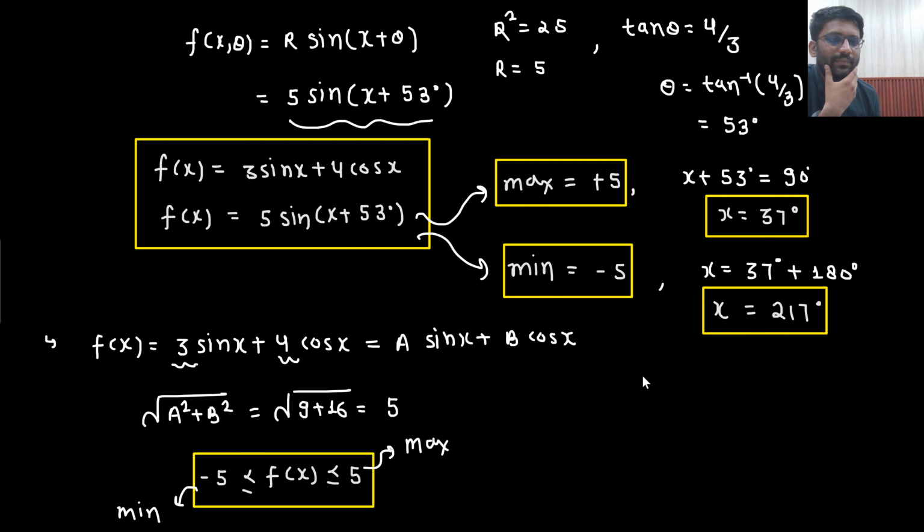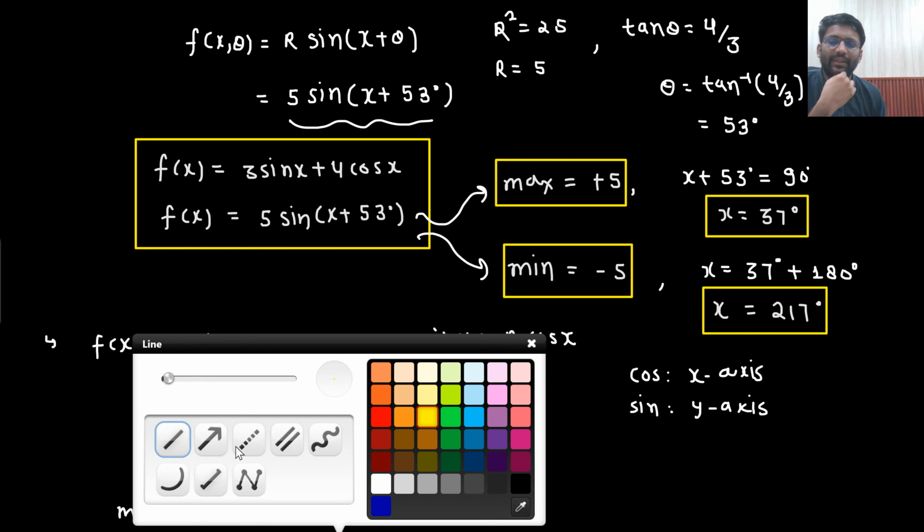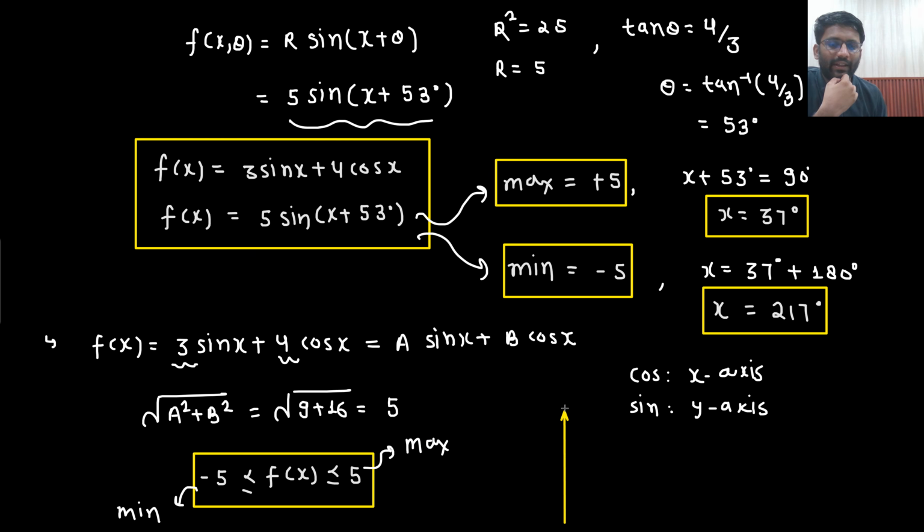Now what did I tell you? Cos is a friend of x-axis, and sine is a friend of y-axis, right? Anyway, you need to remember. So let's make the xy plane. We need to find out the angle for maxima.